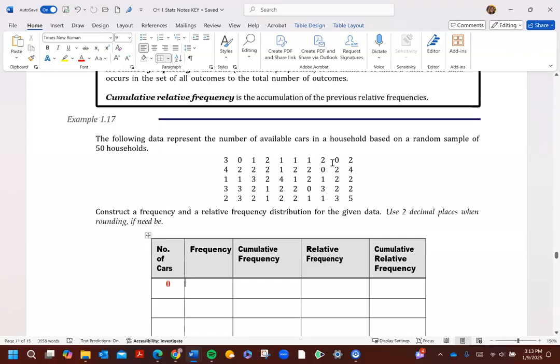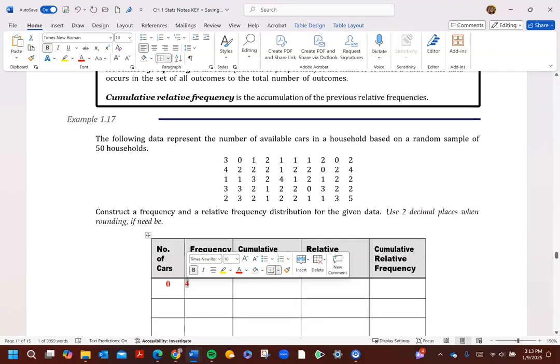So 0, I would have 1, 2, 3, and then I have to look, 4. So that's one way to do it, and then I write in the 4 here. That happened 4 times. Okay, so getting that in there.